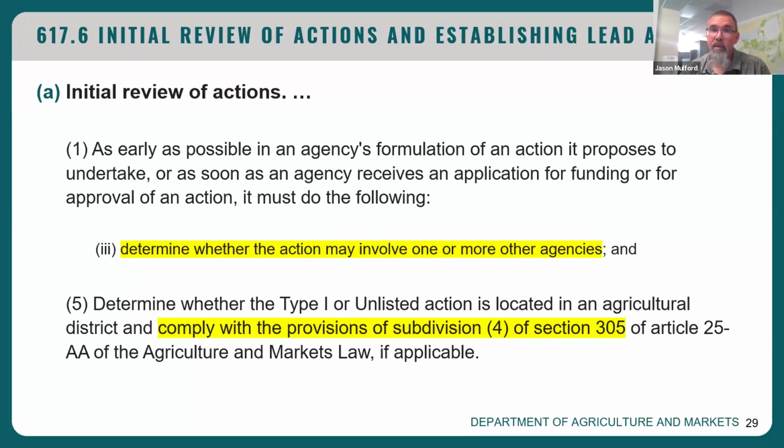And more importantly, maybe the local Ag and Farmland Protection Board, who is a statutory party. The department has a statewide perspective, and the local farmland protection board has more of a community or a county perspective. So that's part of the reason why we have them as a statutory party.